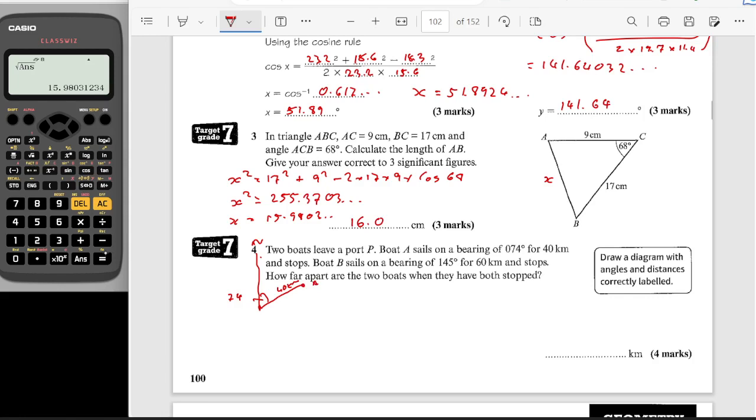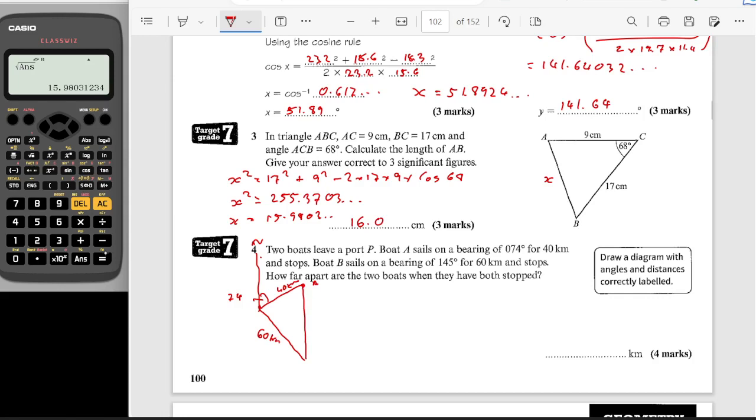And then boat B sails on a bearing of 145 degrees, so that's going to be kind of down here. And we've got an angle of 145 there, which I'm not going to just put on just yet. 60 kilometers. And it's asking how far the boats are apart.